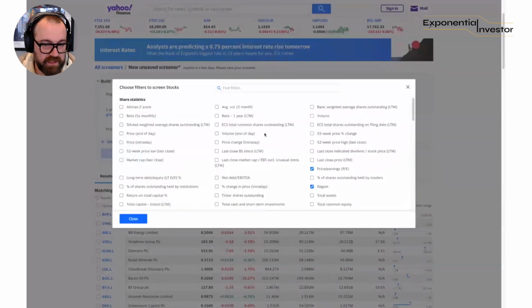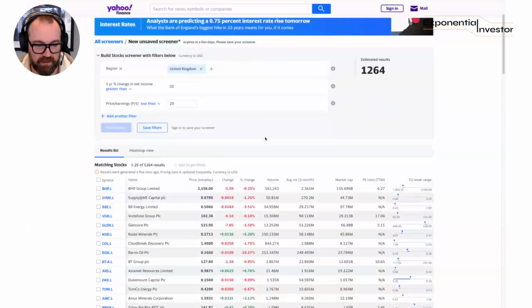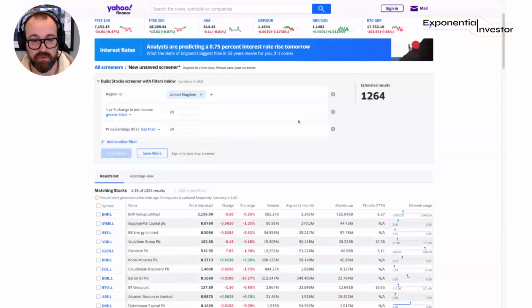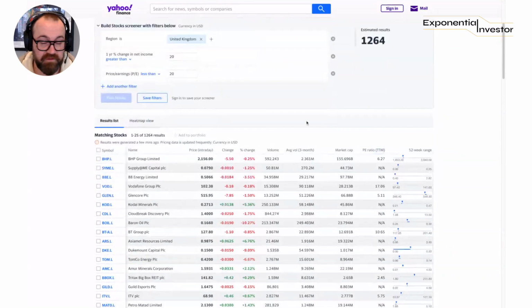My computer appears to be a bit laggy at the moment, which is fine, but the principles are the same. You can use these tools to filter stocks, to find stocks that fit your investment criteria. Dividend paying, income growth, low price to earnings ratios, different markets, different income, maybe growth stocks.